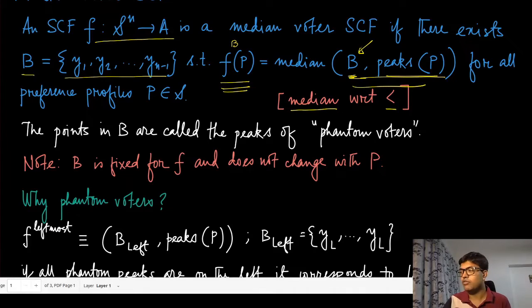alternatives. We have already defined that a single peak preference is defined with respect to this common ordering over these alternatives, and we are computing the median with respect to that ordering. In this set of examples, we are assuming that they are all located on a real line.